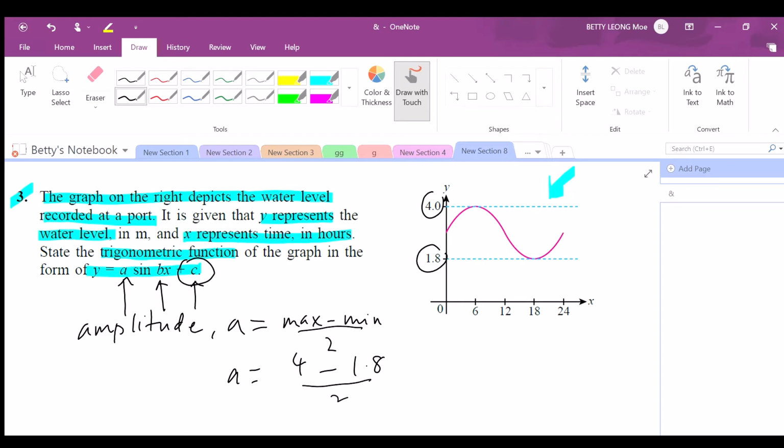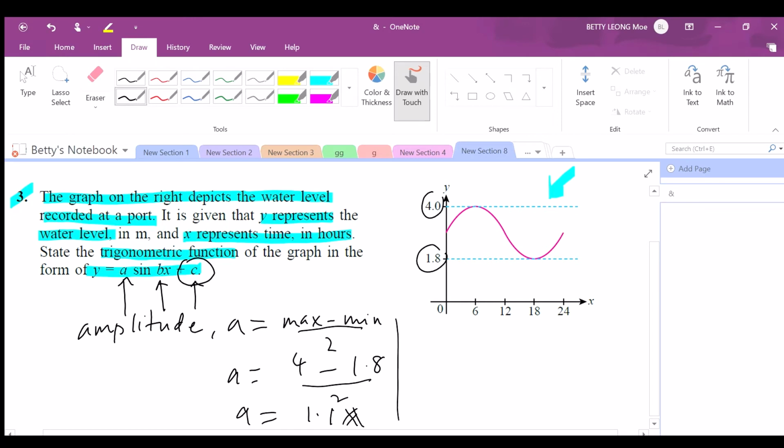You'll get your A. Your A is 1.1. Okay, this one you keep.